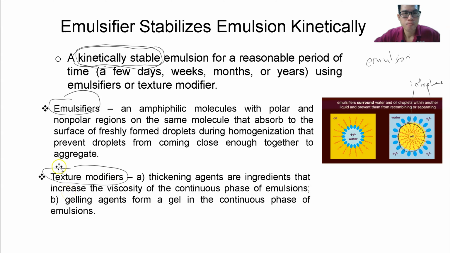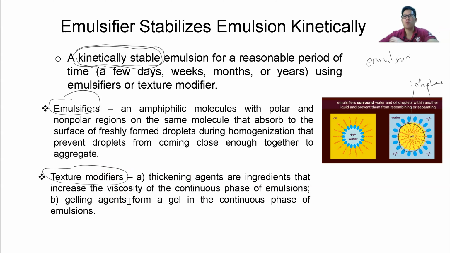Another one is called a texture modifier. Texture modifiers are thickening agents. You can use a thickening agent or gelling agent to stop the oil from separating from water.